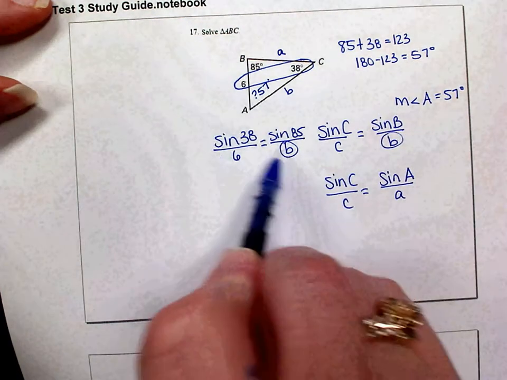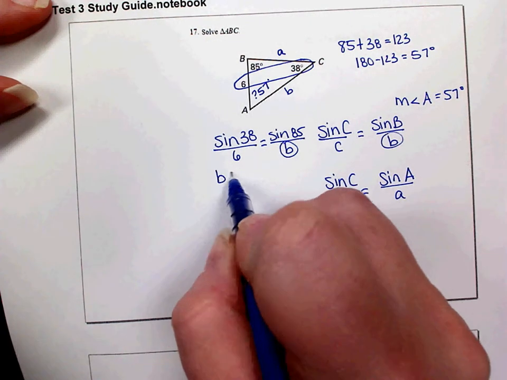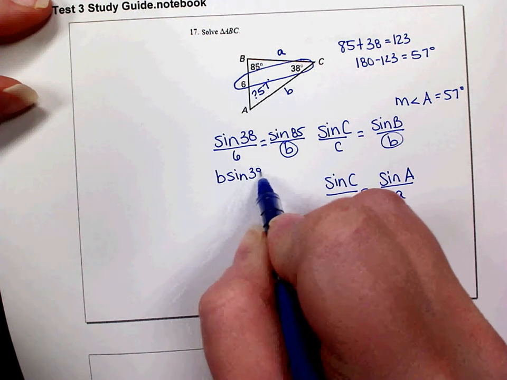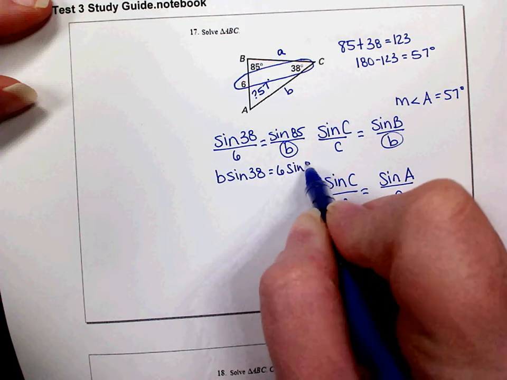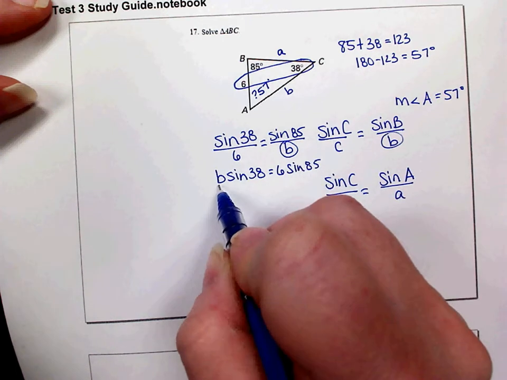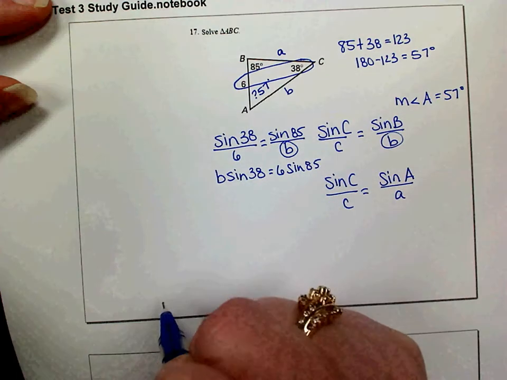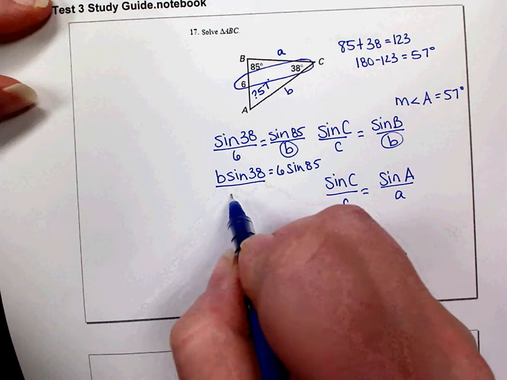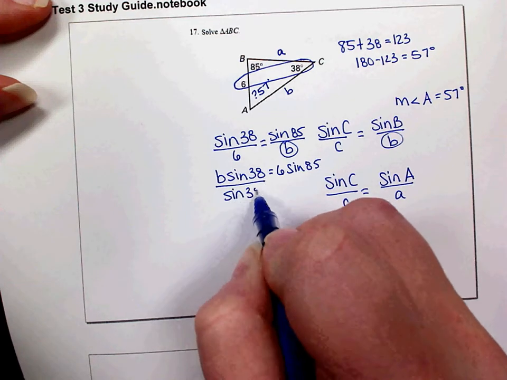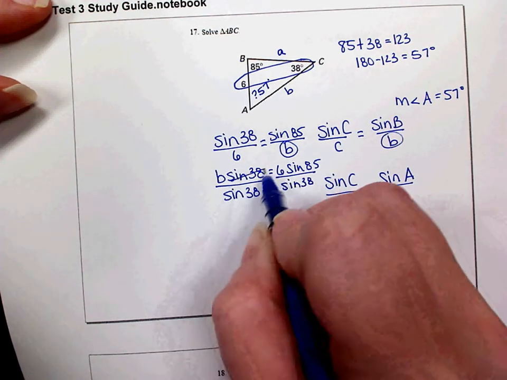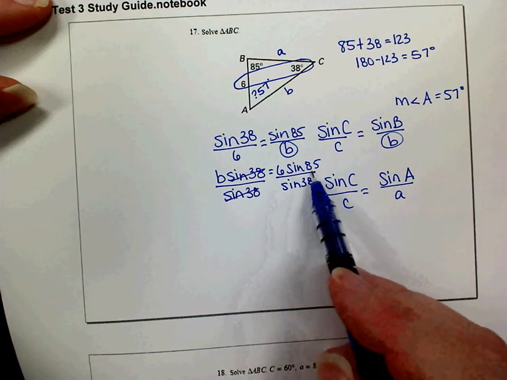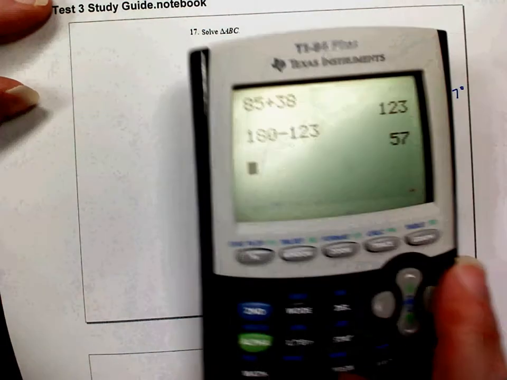So we're going to cross multiply. Remember to put that B in front as a coefficient and the 6 in front as a coefficient of the sine of 85. So to solve for B, we just need to undo the multiplication between it and sine of 38 by dividing both sides by sine of 38. So my B value is simply equal to 6 sine of 85 divided by sine of 38.